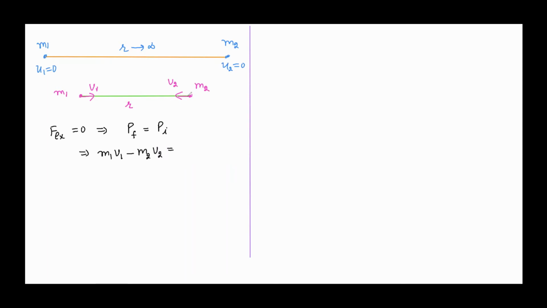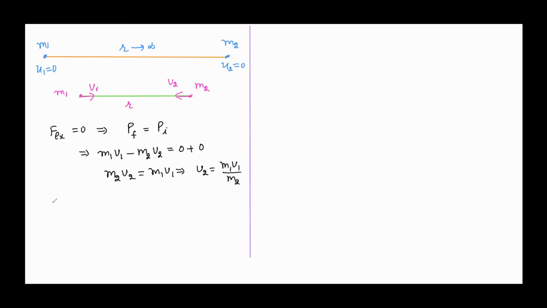So it is my final momentum. Initial momentum of both the masses is 0. So you can write it as m2 v2 is equal to m1 v1, which implies v2 is m1 v1 by m2. So it is the first point.